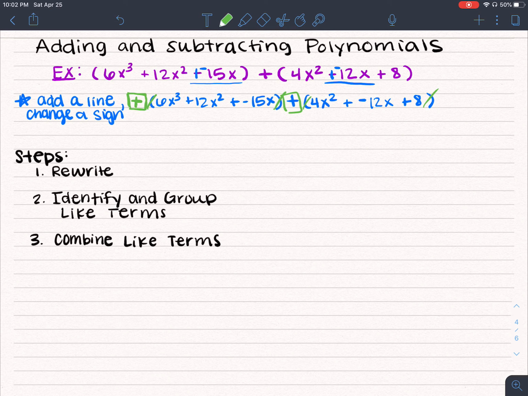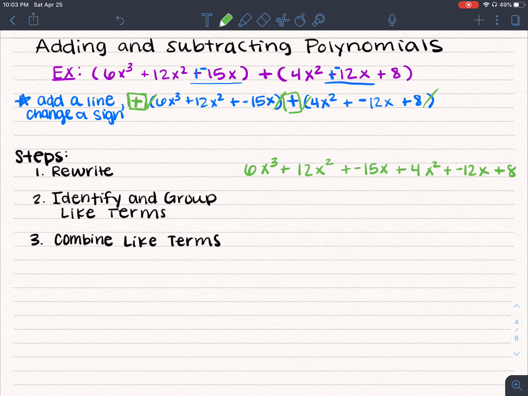So I'm going to rewrite that as 6x cubed plus 12x squared plus negative 15x plus 4x squared plus negative 12x plus 8.